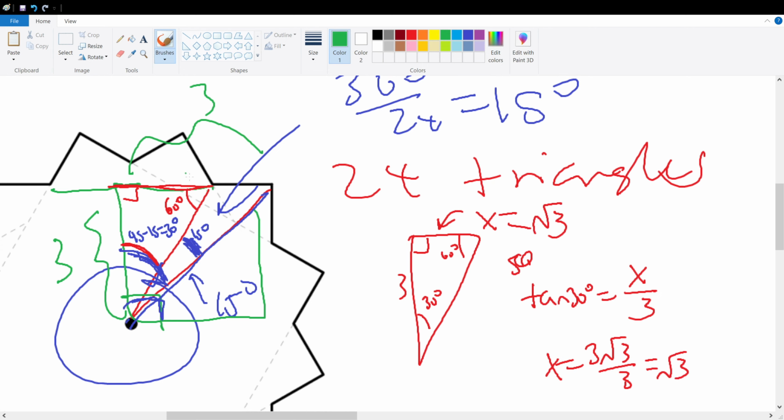Alright, now that we know this base is square root of 3, this is 3 minus square root of 3. We could figure out what the area of this triangle is. And after we figure out the area of this triangle, we could just multiply it by 24 to figure out the whole area of this shape. So what is the area of this triangle?